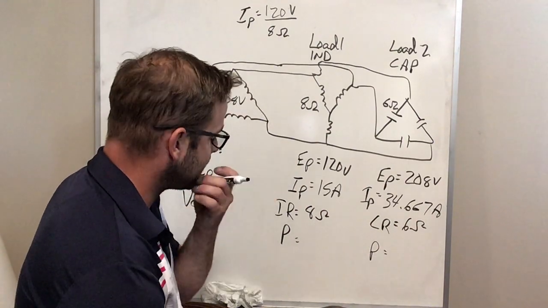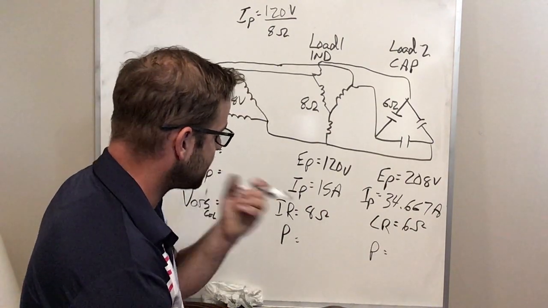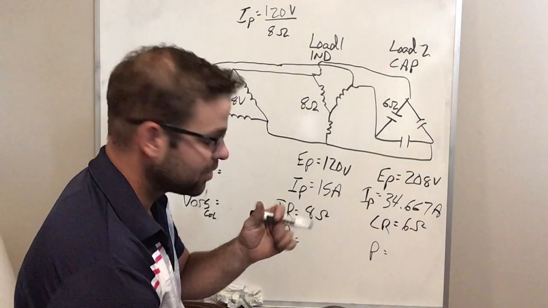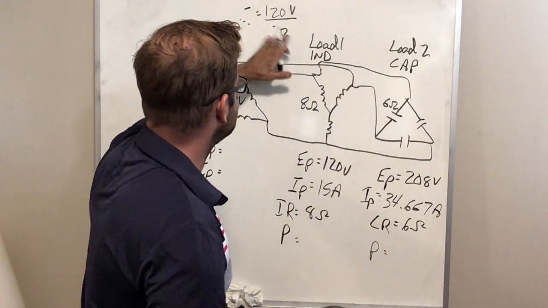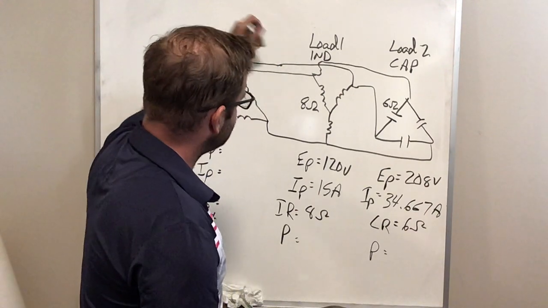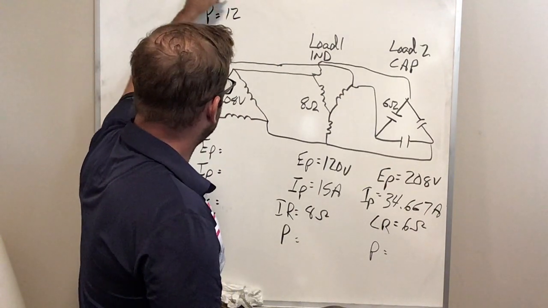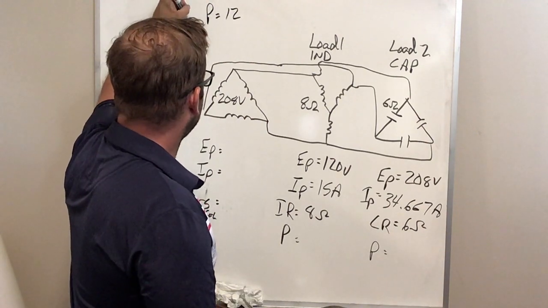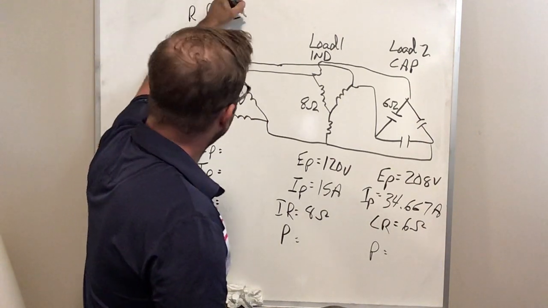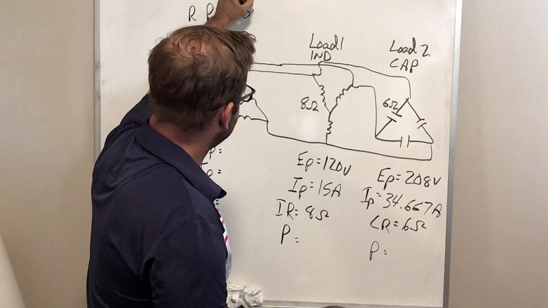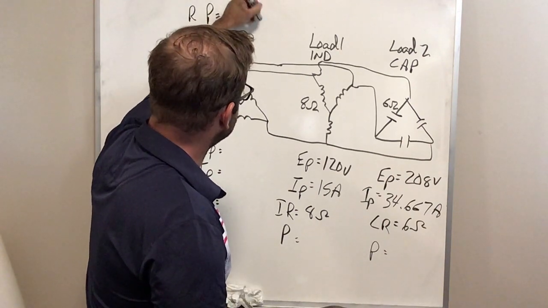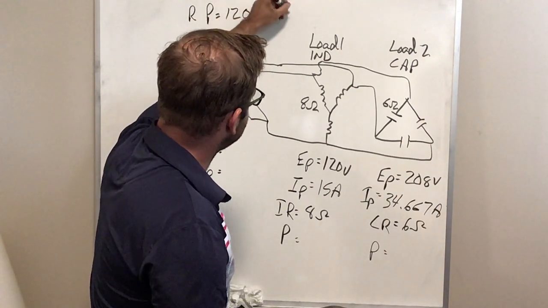So now we go to calculate our powers the exact same way as we would before, because we're not using a power factor in this case. So our reactive power is equal to 120 times 15 times 3.